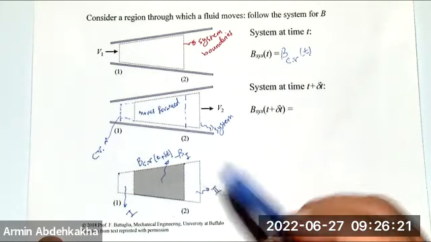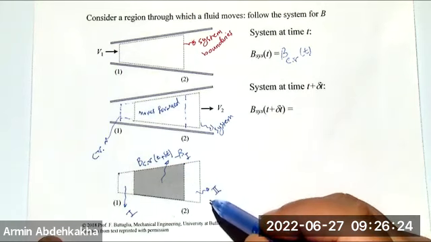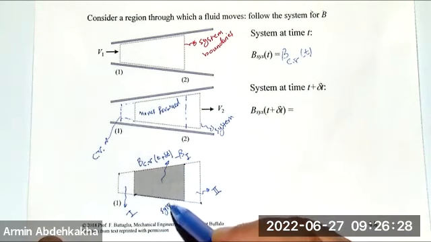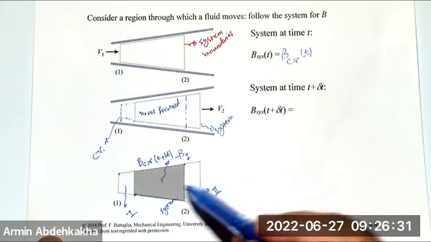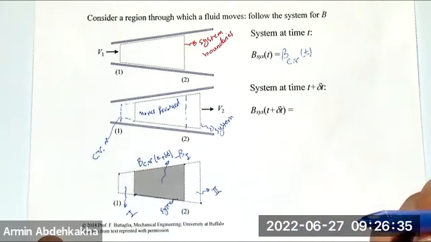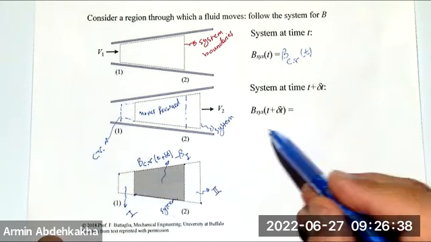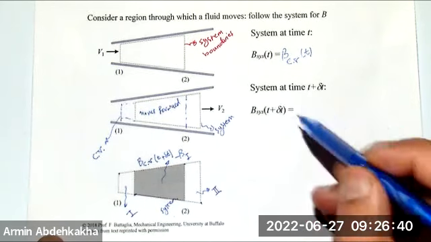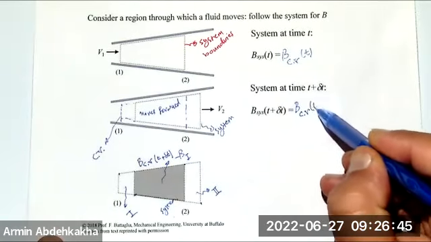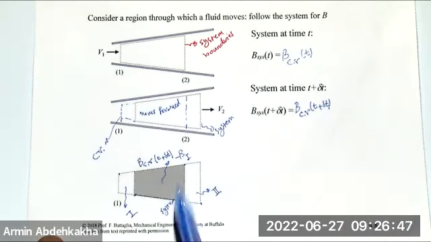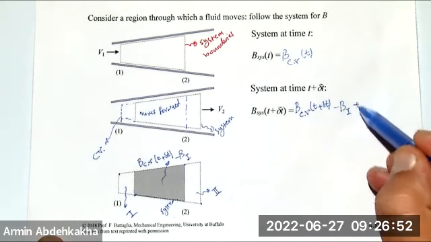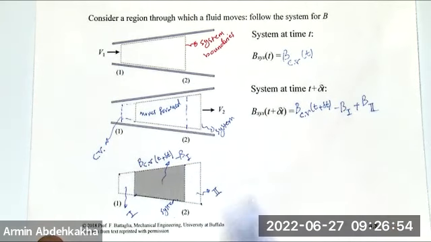And also this is B2. So from here to here, you have a system. What would be the area of these two? The summation of these two areas is going to be your system at time t plus delta t. So B of the system at t plus delta t is B of the control volume at time t plus delta t, which is here, minus B1, plus B2 here.